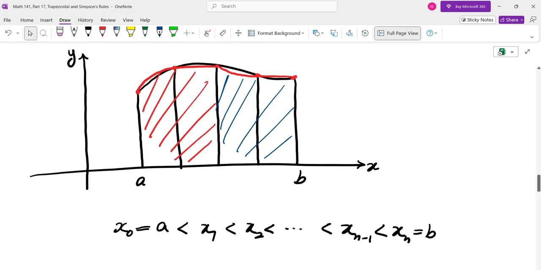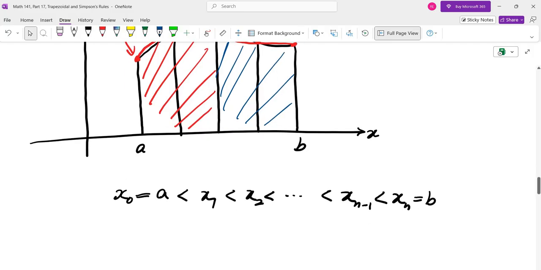And then we take every 3 consecutive points, in this case, this point, and this point. We draw one parabola, then the next one would be this point, and this point. And then we draw as many parabolas as possible, and then we take the area underneath the graph of each one of them, and then we add them up.